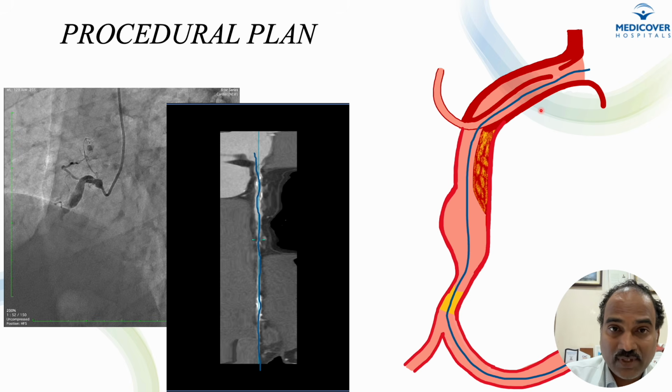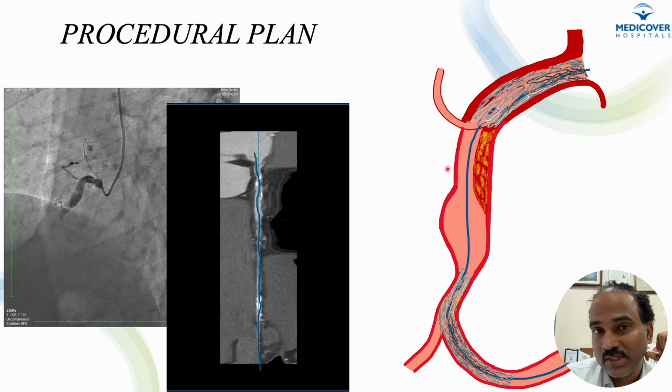So once I achieve that wire position, then you open up the CTO and put a drug-eluting stent here. So this CTO part is addressed. Next, you put another drug-eluting stent here so that you can seal this flap back to the wall, and all the subintimal space here is closed, which completely seals the danger which you can cause to aorta as well as distal vessel.